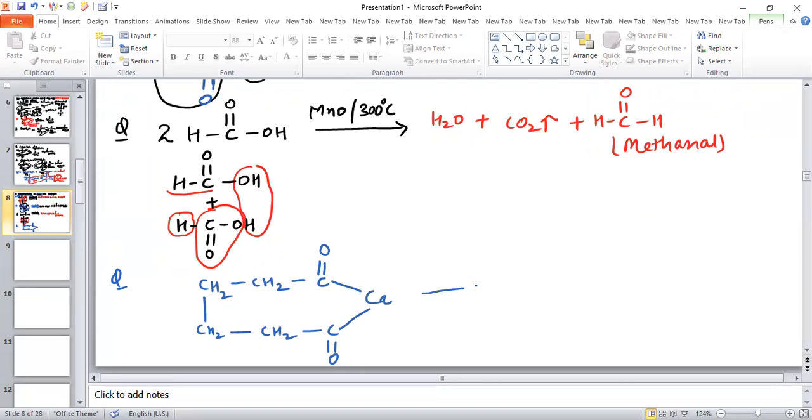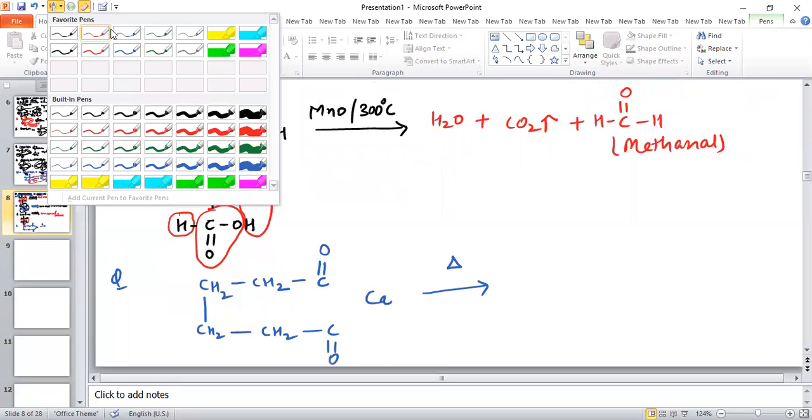So when we heat this compound, what happens? Oxygen is also there, joined with calcium, because this is calcium salt of a dicarboxylic acid.